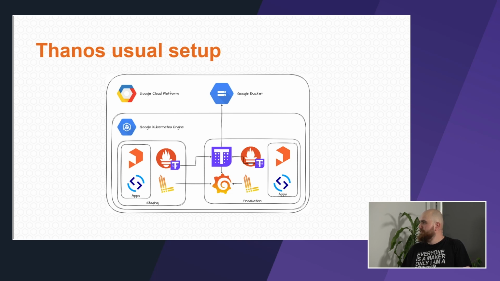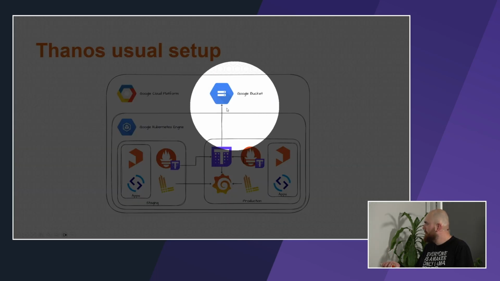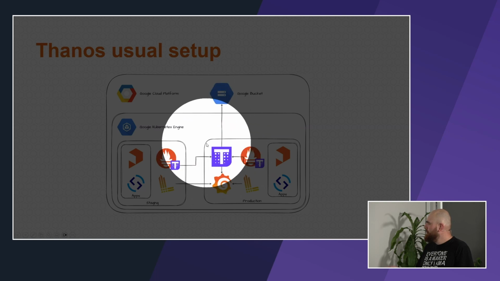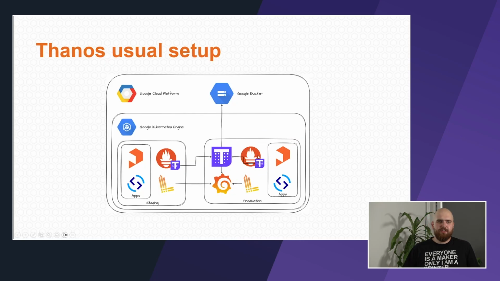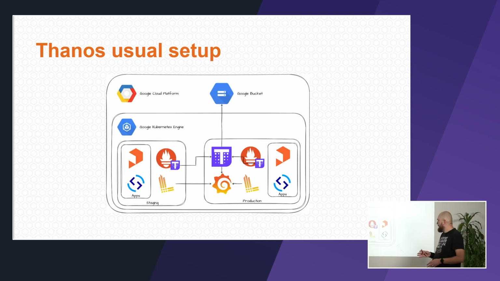Thanos usual setup. This is not the usual setup. This is our setup at Prusa Research. Okay, we are running Google Kubernetes Engine, and we are running Thanos. And Thanos uses something called the Thanos sidecar that's running inside the Prometheus pod in Kubernetes, running beside Prometheus and sending the data into a Google bucket in our case, or any other S3 compatible storage.